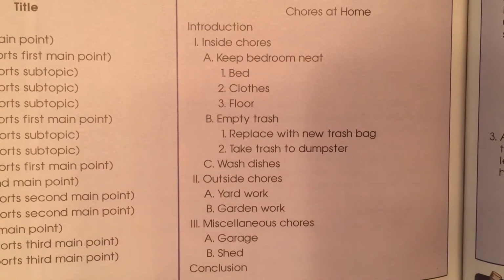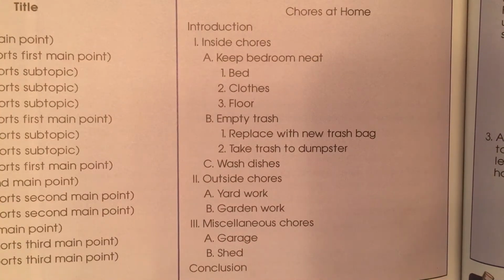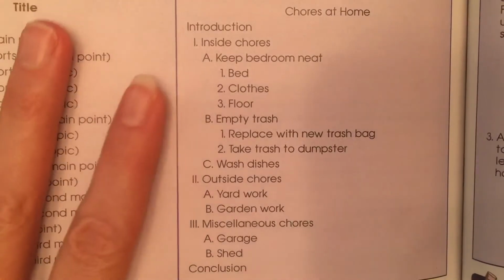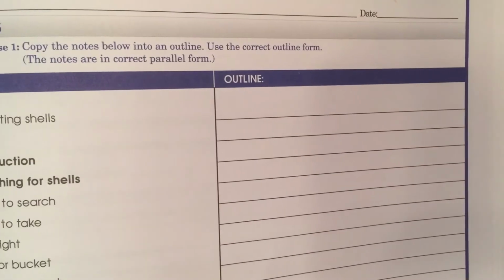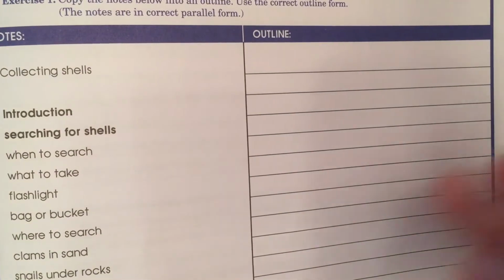Okay? Okay. So what I want to do now is I want for us to look at Classroom Practice 74. So go ahead and grab that out if you don't have it out yet. Okay. Classroom Practice 74.